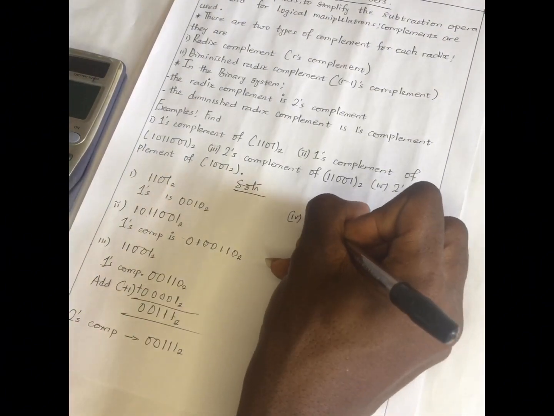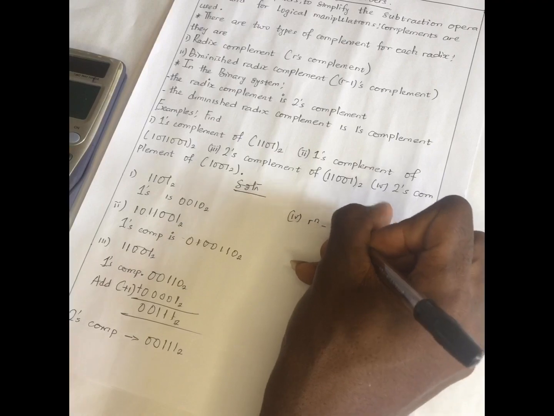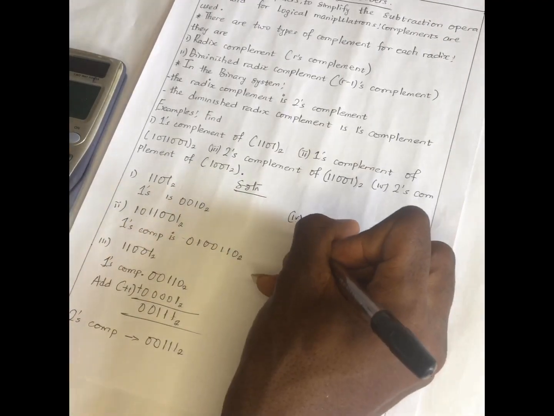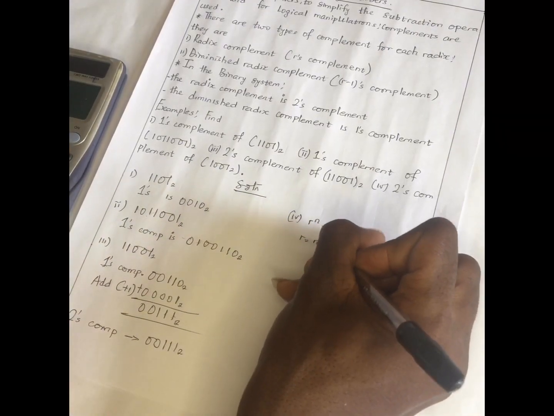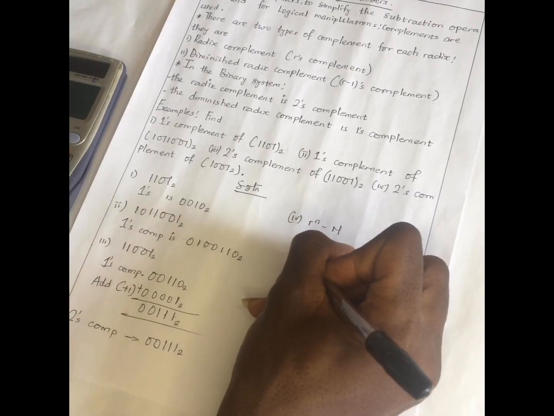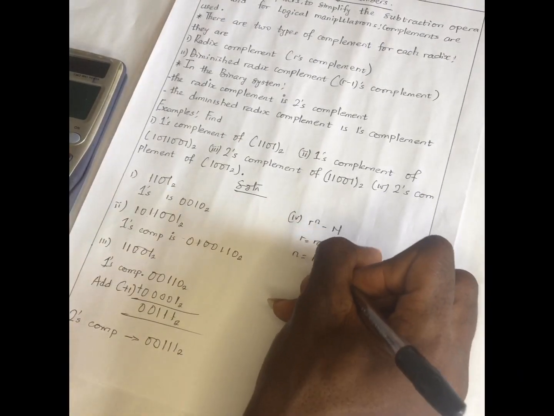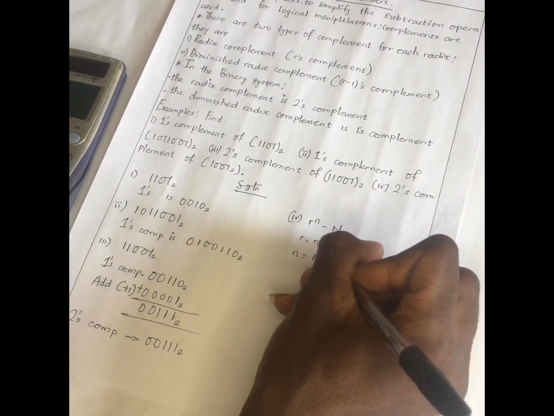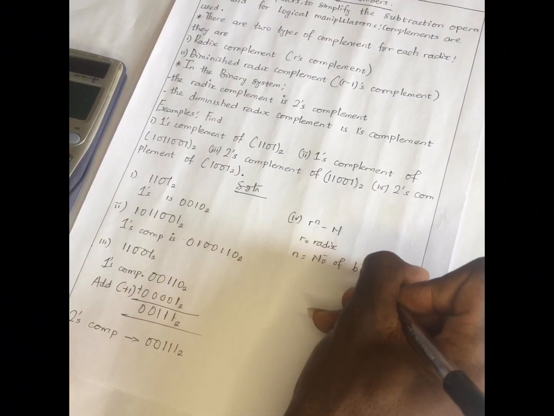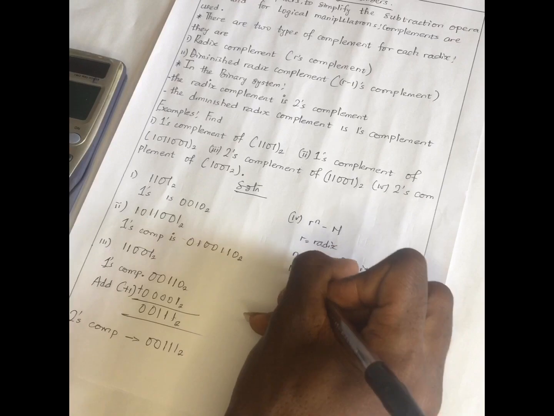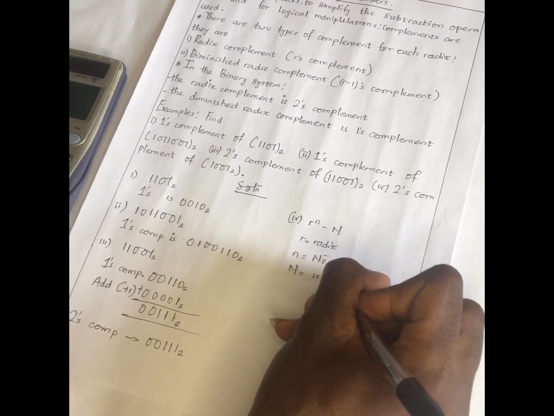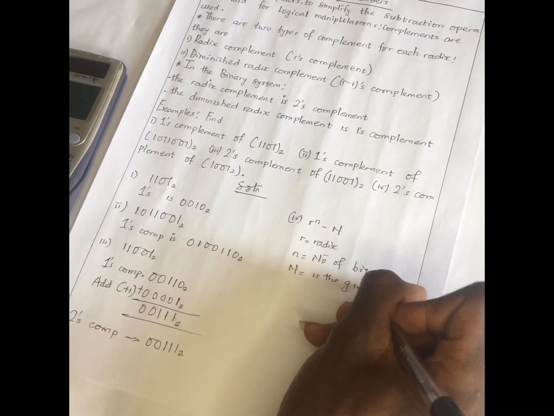The formula is r raised to the power of n minus N, where r is the radix, n is the number of bits, and N is the given number.